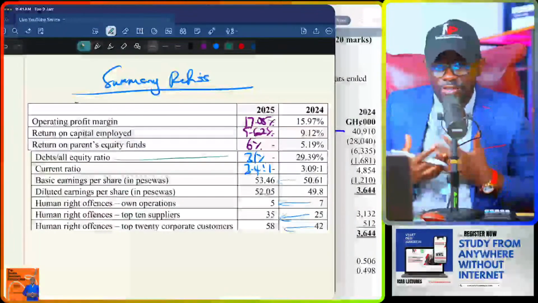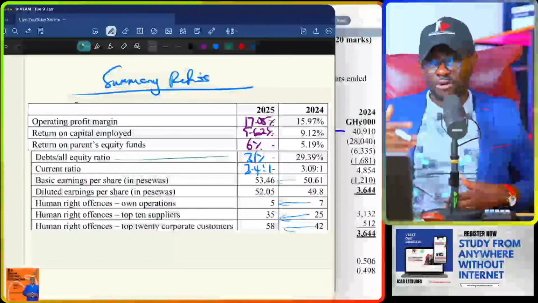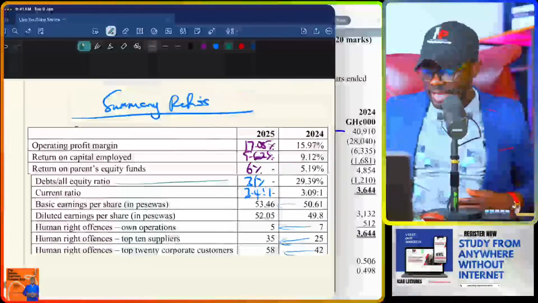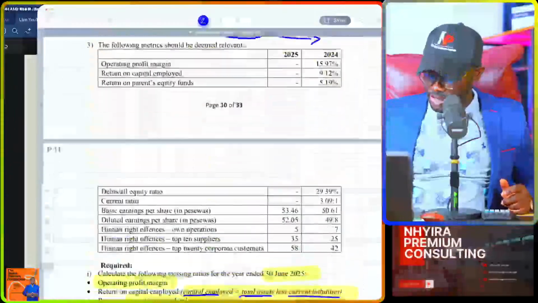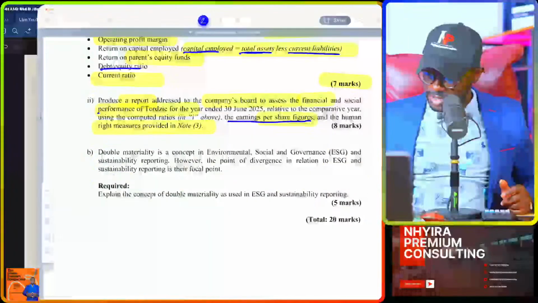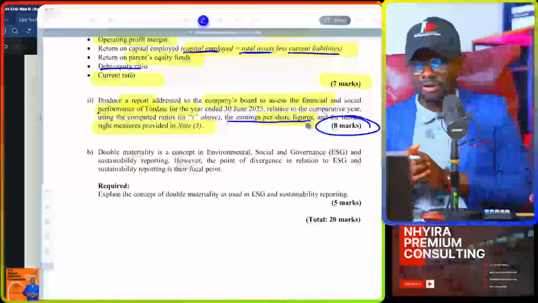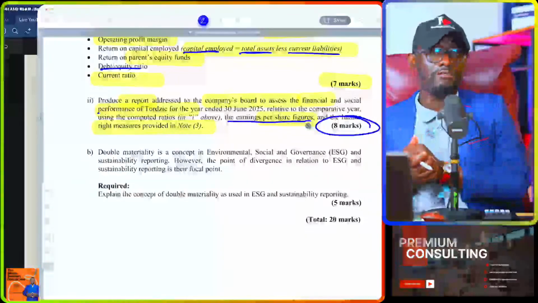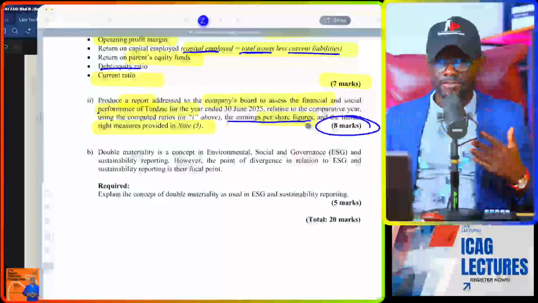And the examiner wants to see how you can use that to interpret the social performance of the entity. These are the things that you must understand in respect of this question. And that report write-up is 8 marks to give us 15% in the corporate reporting environment, usually for evaluation of the financial statement of an entity.